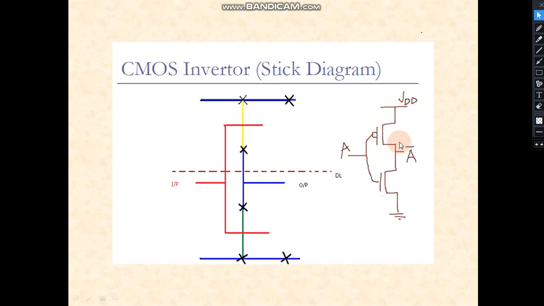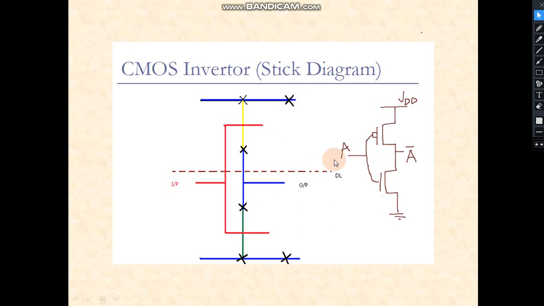This PMOS diffusion part, meaning yellow color, is intersecting the metal line, so one contact. This NMOS diffusion part is intersecting this ground metal line, so one more contact. These two contacts are used as a via contact in CMOS designing. These crosses are not used in NMOS, they are only used in CMOS.